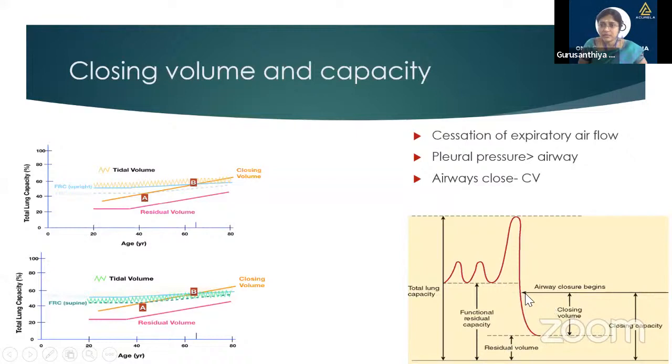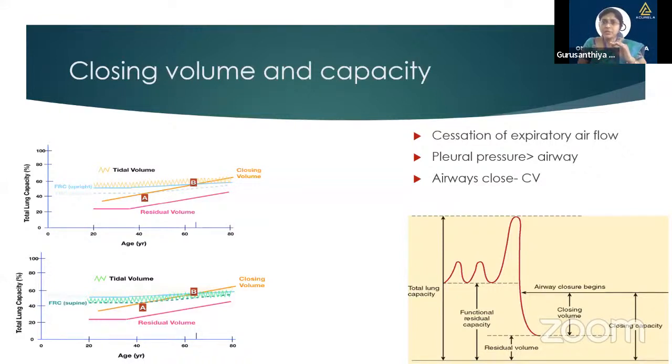This is the place where airway closure begins. In a normal quiet expiration, the lung elastic recoil tries to wash air out of the lungs. At some point, there is a positive pressure across the airways where the pleural pressure tends to overcome the airway pressure.